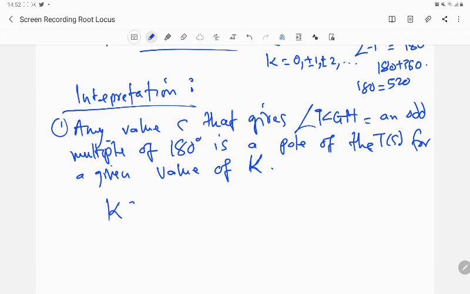And the value of K can be found from the same expression. So we said K G of S H of S equals -1.